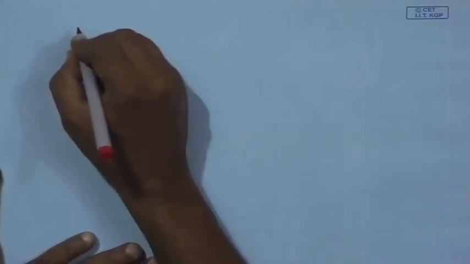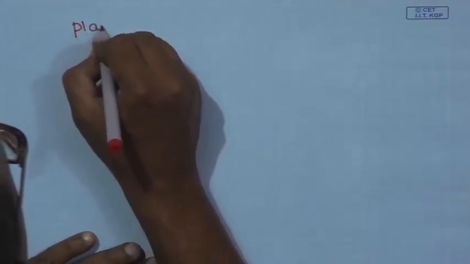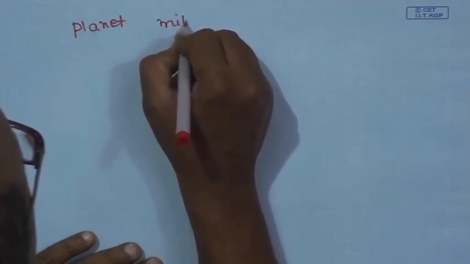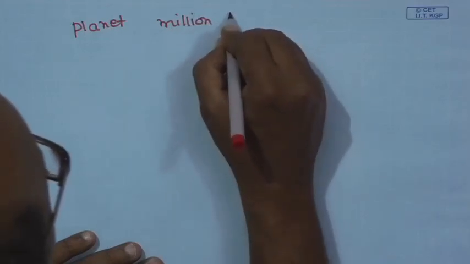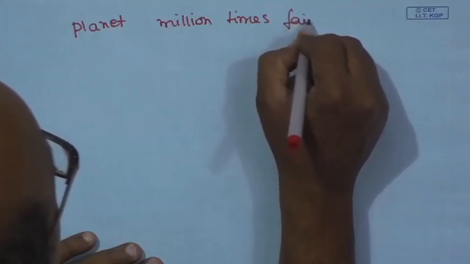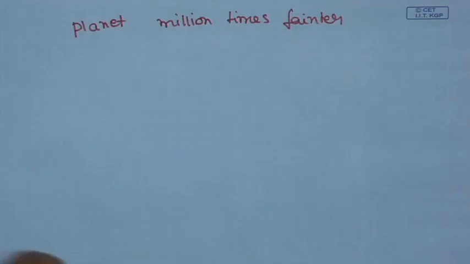Well, those planets are typically very faint objects, they do not emit light of their own, and a planet around a star is roughly 1,000,000 times fainter, at least around 1,000,000 times fainter than the star which it is orbiting.